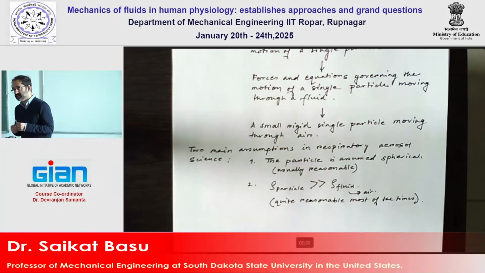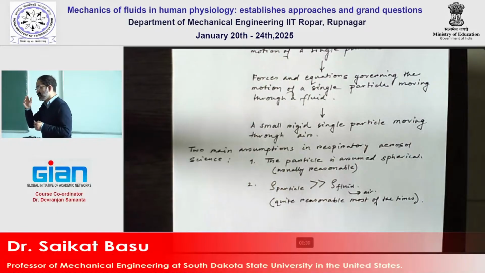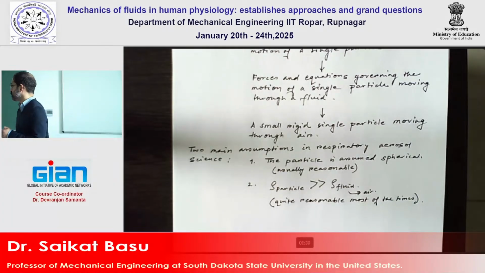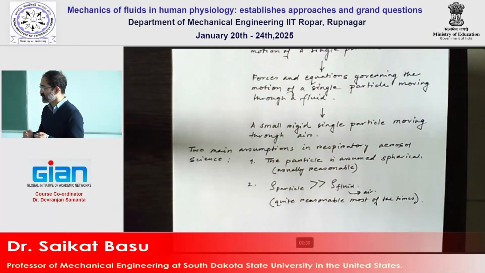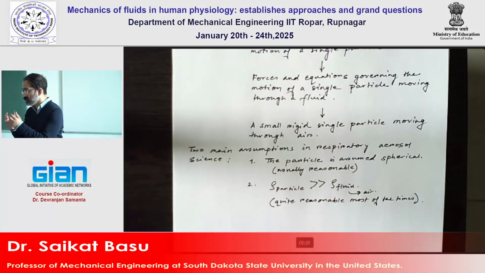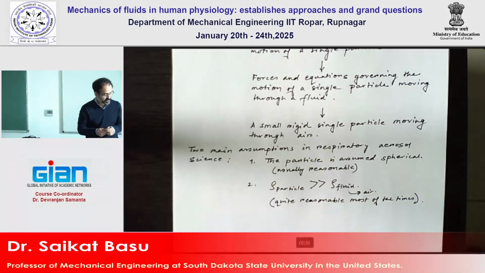Those virions are not spherical, so forgetting the first assumption, they could be much lighter, and their density could be comparable to that of air. So that caveat is still there if we think about a single virion. In our course, and for most inhalation studies, we assume those virions are embedded in liquid particulates, in which case the density of the whole particle can be assumed to be much greater than that of air.